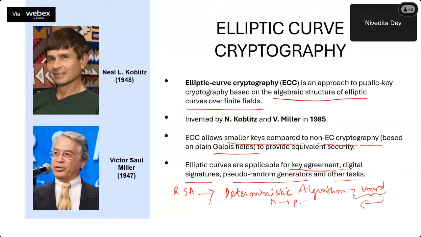From P and Q, if you multiply them, you can form N. But from N, it is very difficult to get back the factors P and Q. So it is a one-way hard problem, or one-way function. That is why we were relying on RSA.